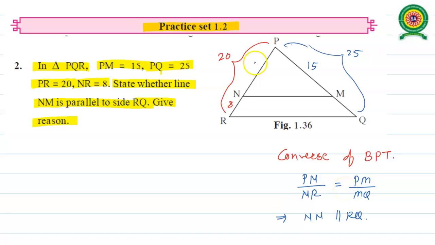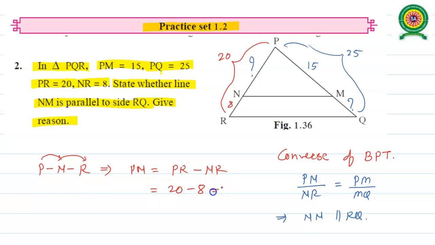First of all, try to evaluate whether those ratios are equal or not. For that we will require the values of PN and MQ. How to find PN and MQ? Look at the figure. We are writing here P, N, R are collinear points, and the sequence of points is P, then N, then R. So we can easily find the PN value, PN equals overall PR minus NR. So we get here 20 minus 8 as 12.